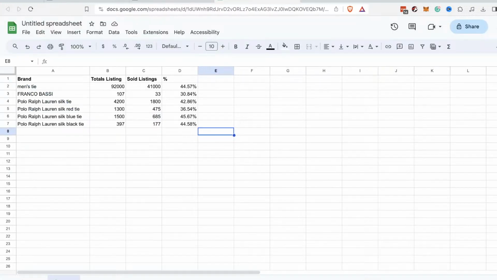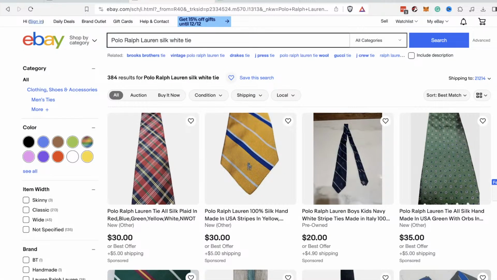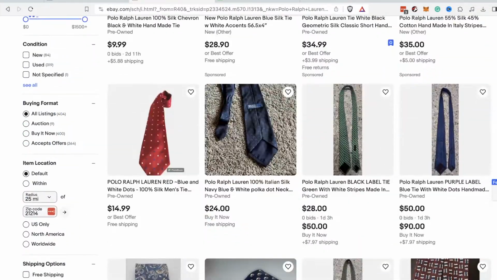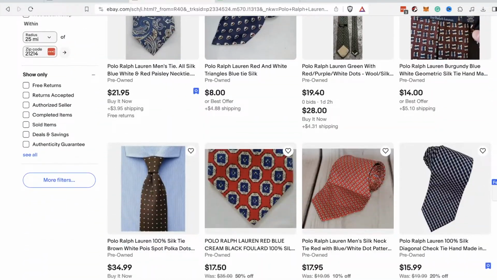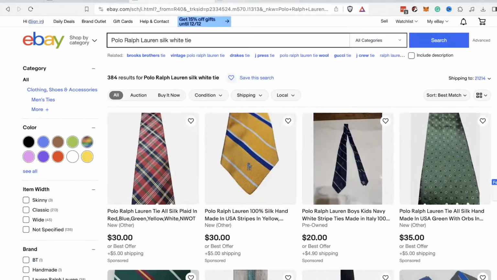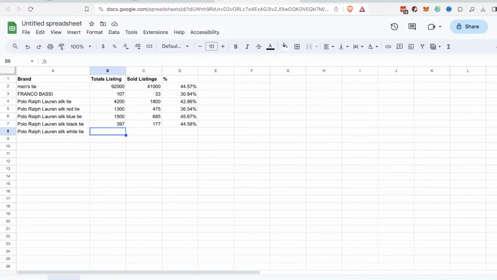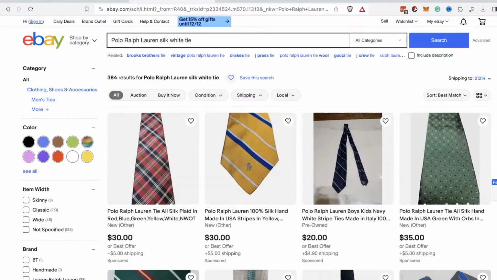So we'll try white. Let's see if we hit gold here. The other thing is that, based on what's out in the wild, white ties are very rare. I mean, black ties are very rare. So this is all of the white ties, and I should say these are all ties with white in it, which is interesting.